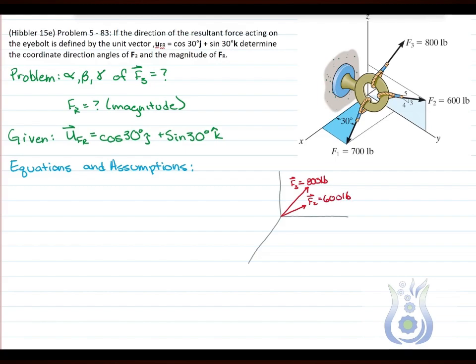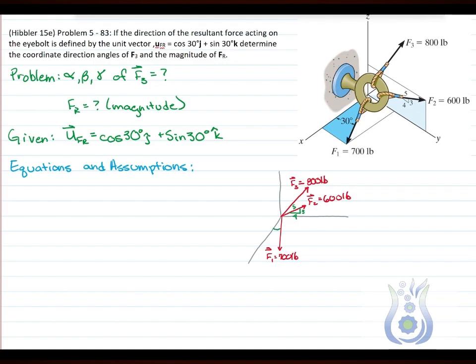Our 700-pound force is at 30 degrees, and our 600-pound is indicated by a small triangle, and that is a 3, 4, 5. We also are given the unit vector for our resultant force as cosine of 30 degrees j plus sine 30 degrees k.